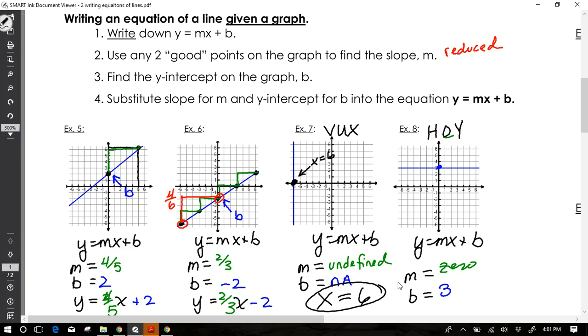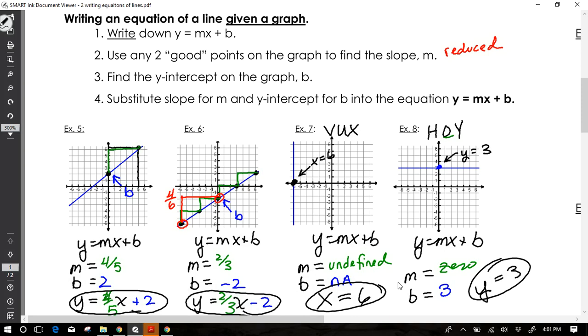So it crosses the y-axis right here at 3. So that is the equation of this line, y equals 3. And that's it. I am finished. So we've done examples 1 through 8.